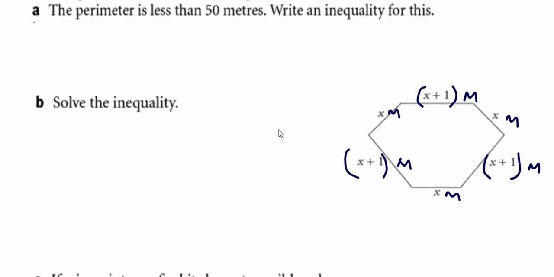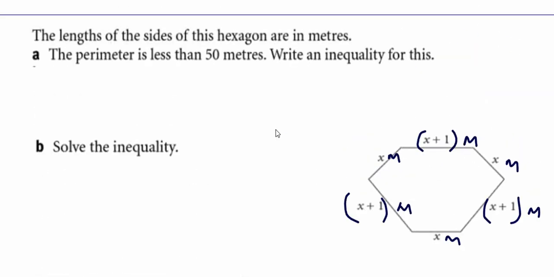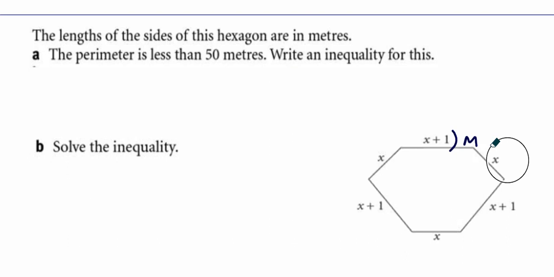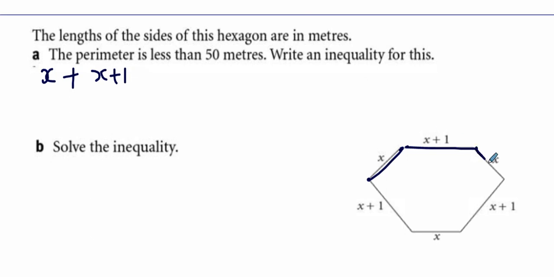Let me do the whole question. The perimeter is less than 50, so what we do is adding all these sides for the perimeter. So let me start here. Take x plus 1, take x.